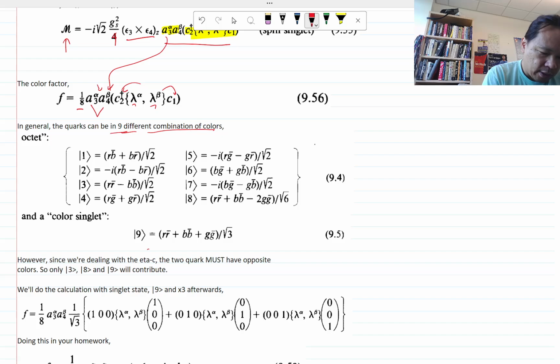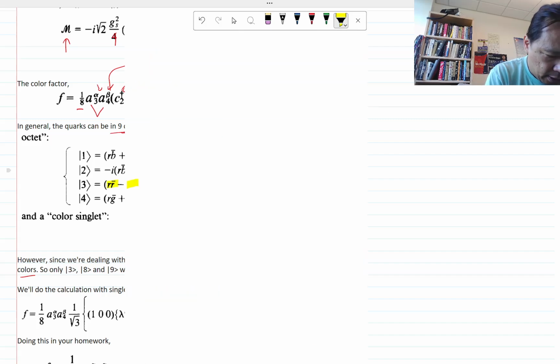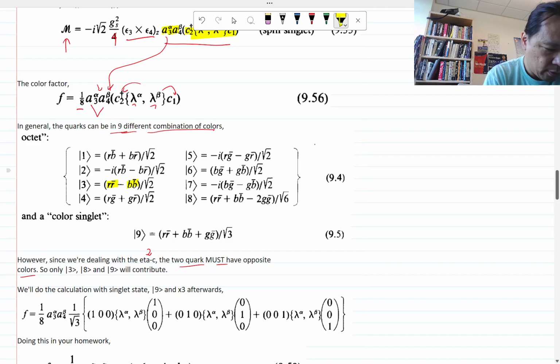Since we're dealing with this eta c, these two quarks have to have opposite color from each other. So the only gluon combinations that connect to them, also with opposite colors for each other, are red-antired, blue-antiblue, and so on.